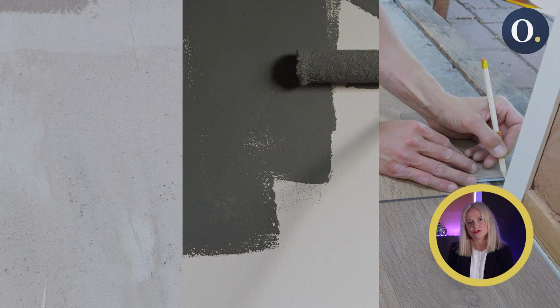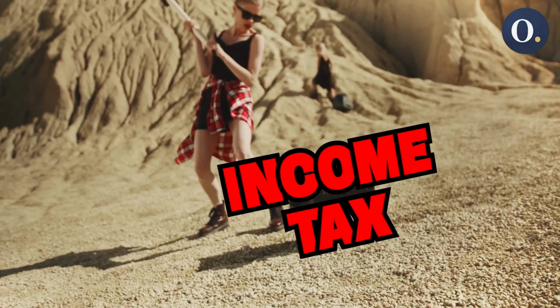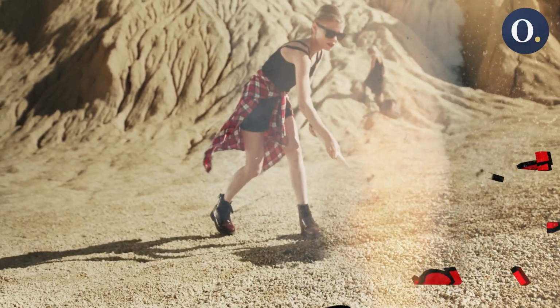All of these types of costs are typically expenses that you can use as a revenue item to load against in-year incomes from, for example, rent. So these costs are going to help you with the closest tax bill you're likely to pick up on your rental portfolio. They're going to really help you minimize income tax, and income tax presenting most likely on your personal tax returns.